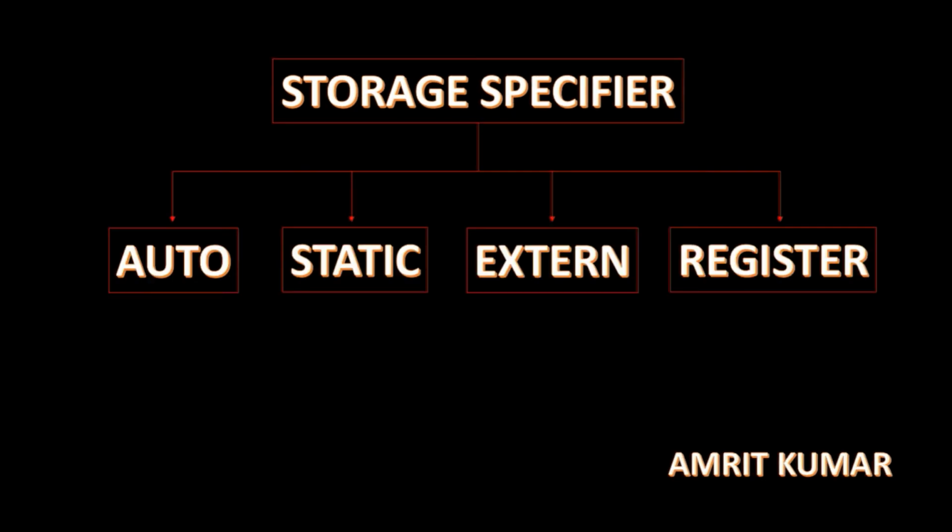Now let's look at the types of storage specifier. There are four types of storage specifier. The first one is auto, the second one is static, the third one is extern, and the fourth one is register.